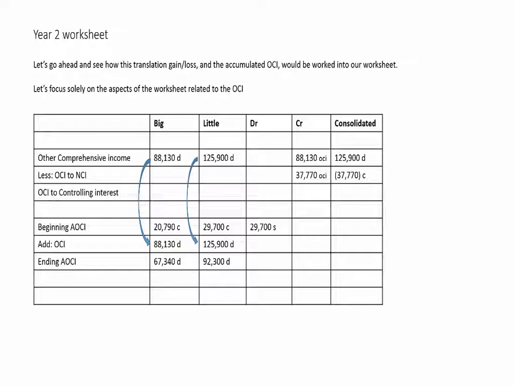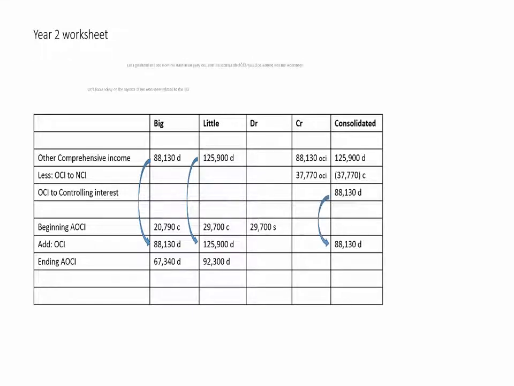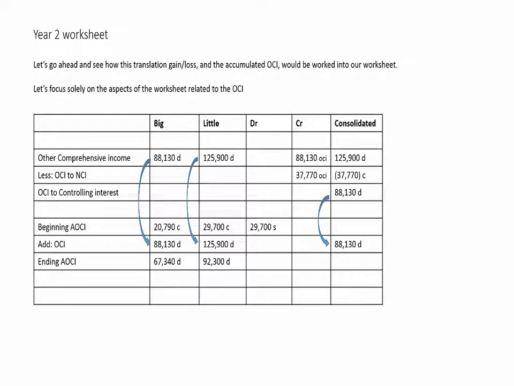And again, the counterpart to that $37,770 credit is going to be a $37,770 debit to the non-controlling interest. And so we're left with $88,130 being the other comprehensive income to the controlling interests. And again, that gets transferred down to the statement of accumulated other comprehensive income.